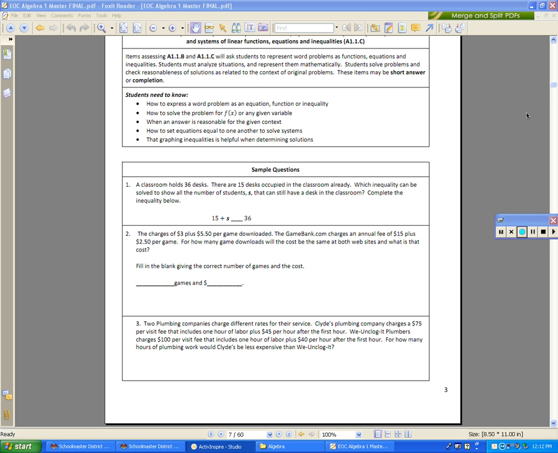So what's the equation for Clyde's? 75 plus 45x. And right, we want to see when that's going to be equal to the other one. What's my equation for the other one?